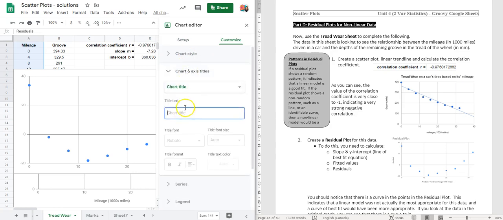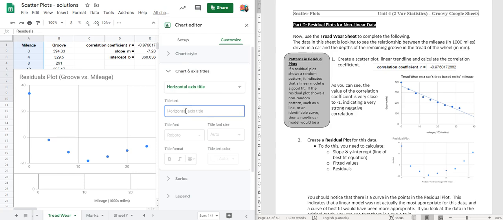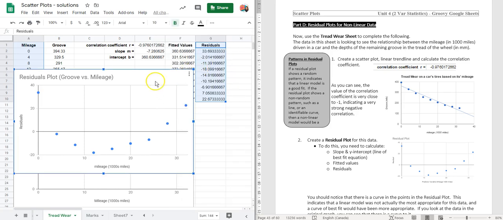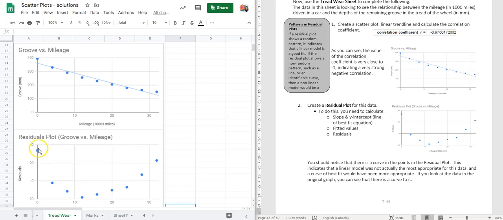The chart title is Residual plot of groove versus mileage, and the horizontal axis is our mileage in thousands of miles, and your vertical axis is residuals, and there is your residual plot.